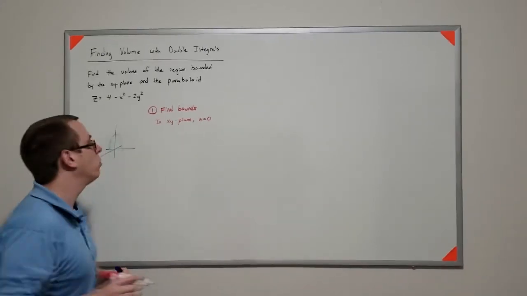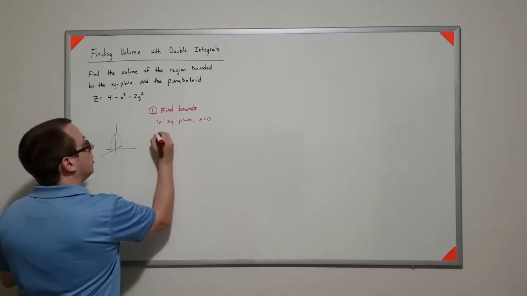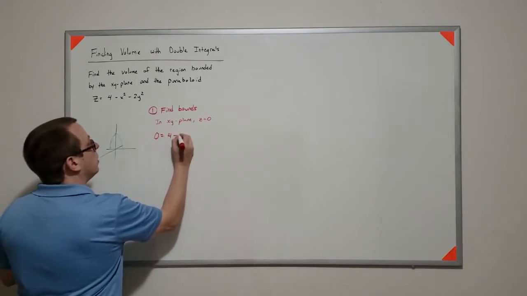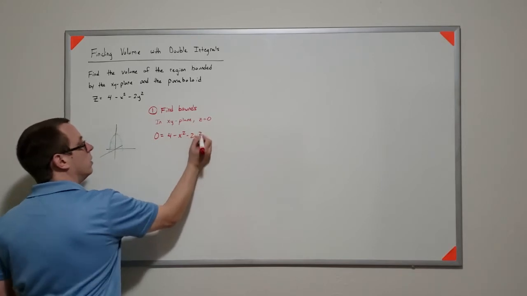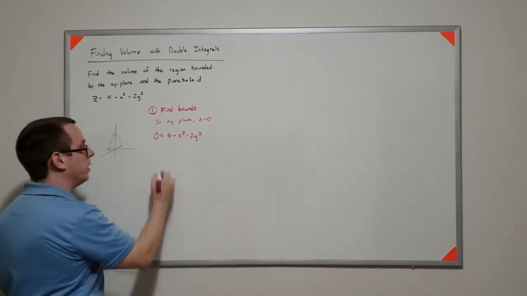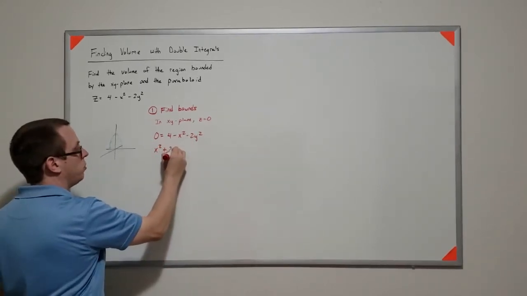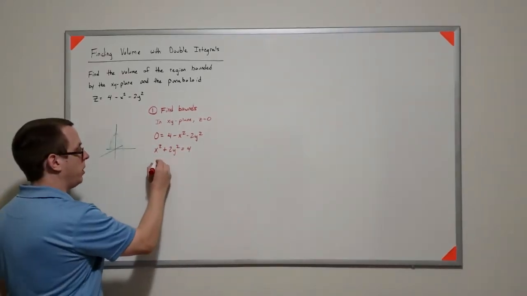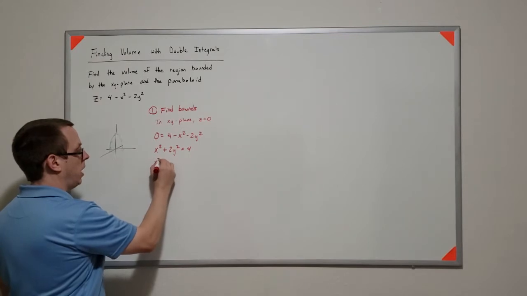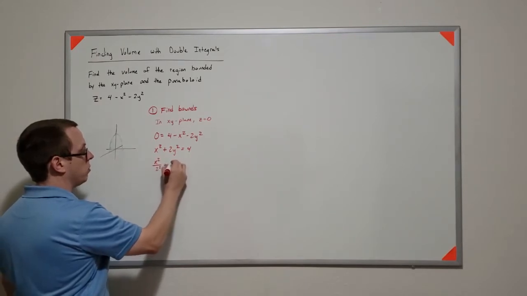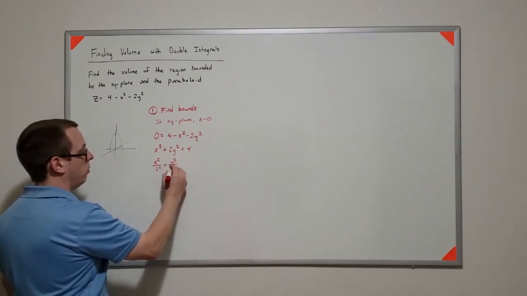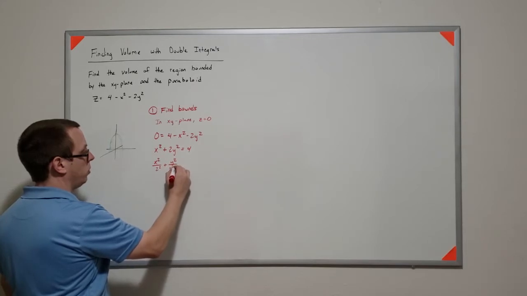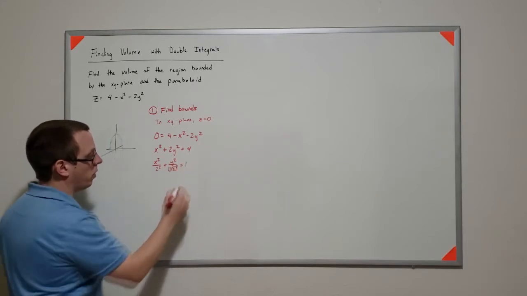We're going to look at that level curve. So rewriting this, we get x squared plus 2y squared equals 4. Another way that you might write this would be x squared over 2 squared plus y squared over the square root of 2 squared equals 1.